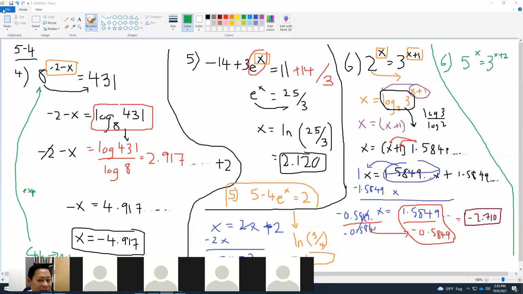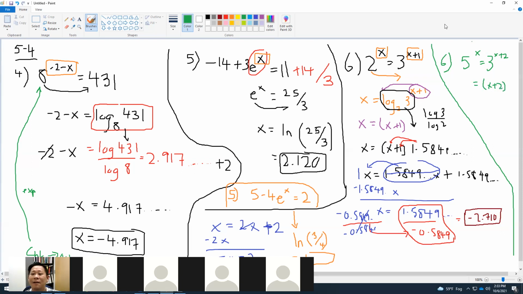Does anyone know how to start with this question? Move the x plus 2. We have x plus 2 log base 5 to the third power. Okay, so this is x plus 2.